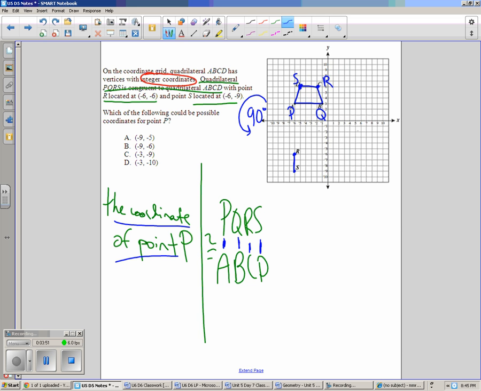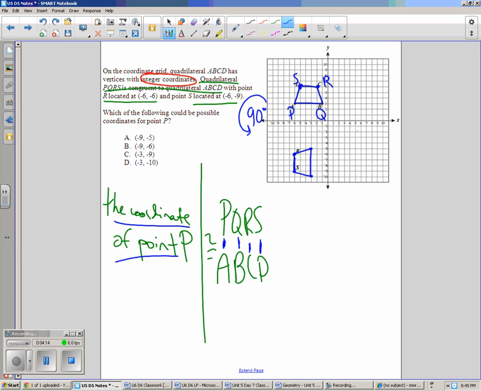Okay, so if R and S are kind of like that, then point Q would be around here, and point P would be here. And that looks like I have a congruent quadrilateral.